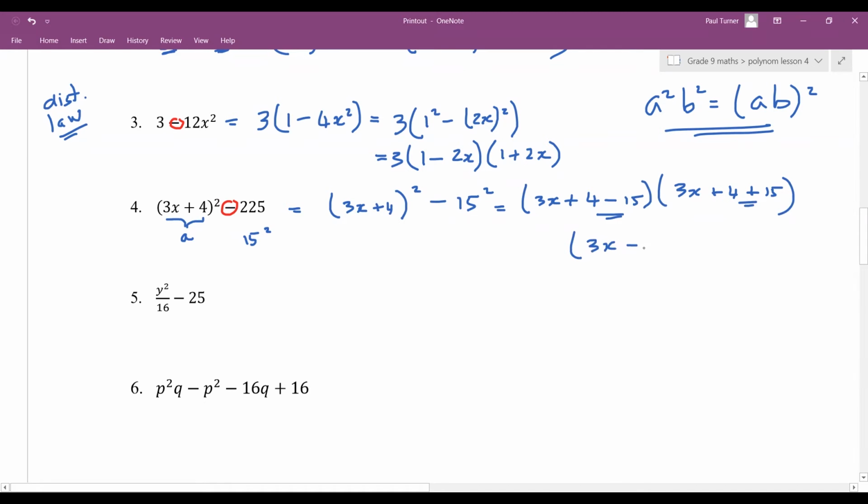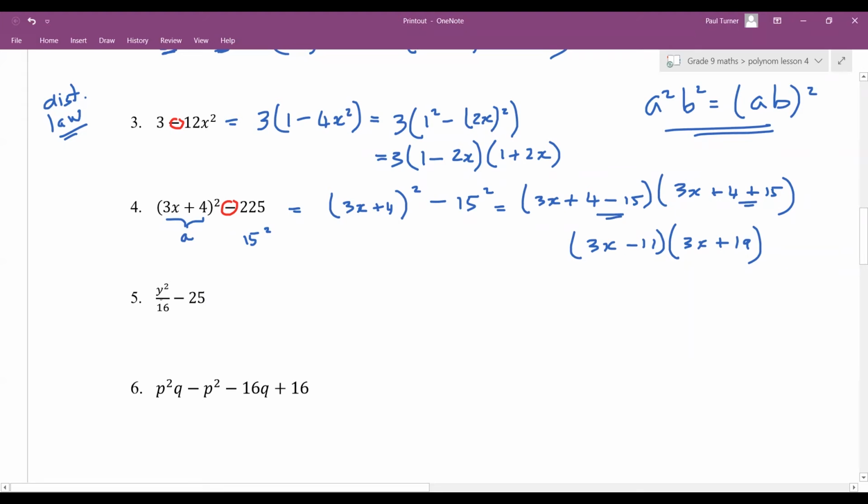So 3x minus 11, 3x plus 19. Okay, so that one's finished. If you want to expand, you'd have to expand, and then I don't think you could check this very easily. You'd have to expand this as well, if you wanted to check it.